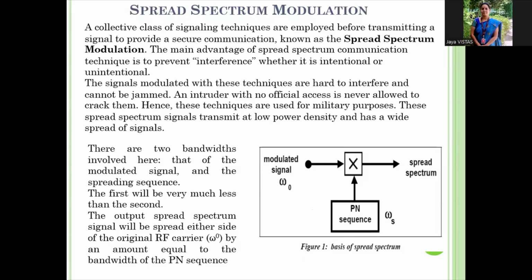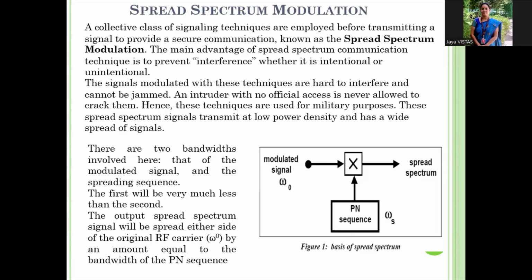The main advantage of this spread spectrum communication is to prevent interference, whether intentional or unintentional. So the signals modulated with these techniques are hard to interfere with and cannot be jammed.